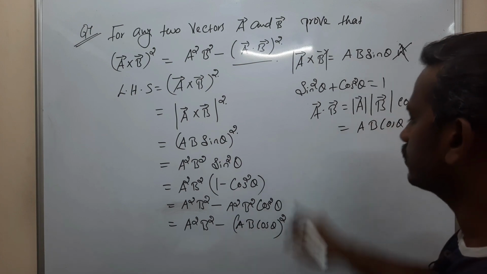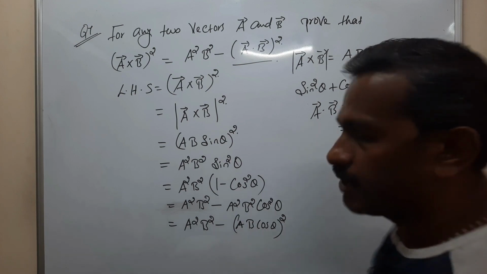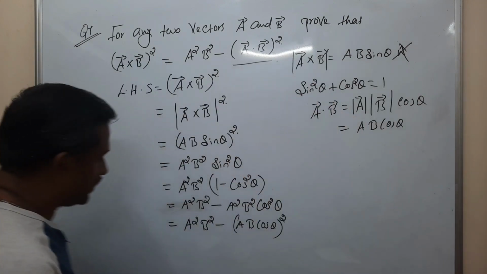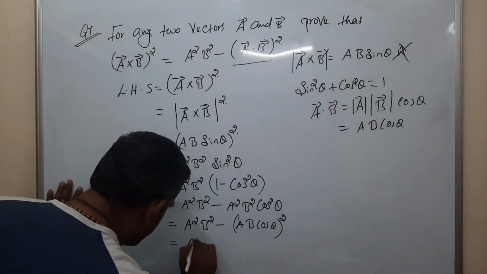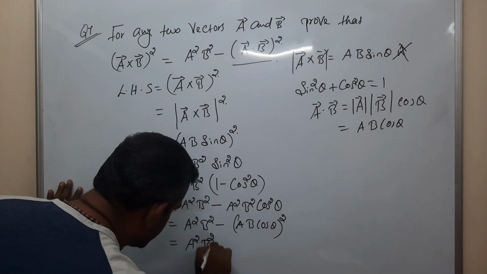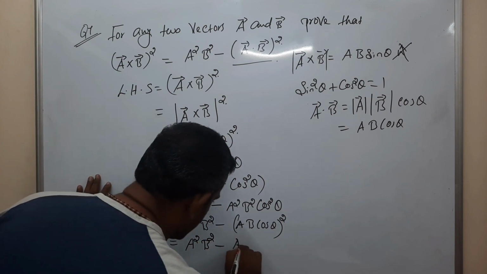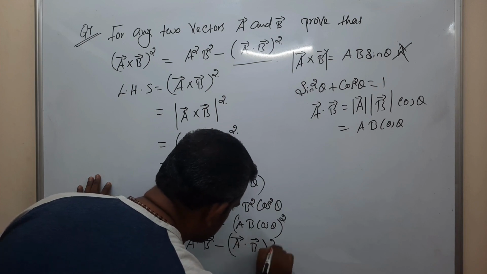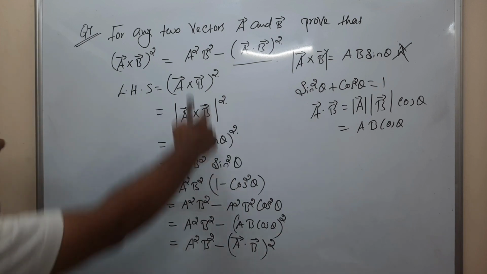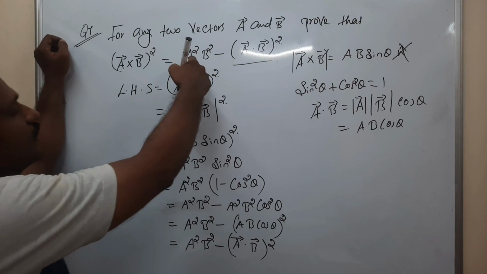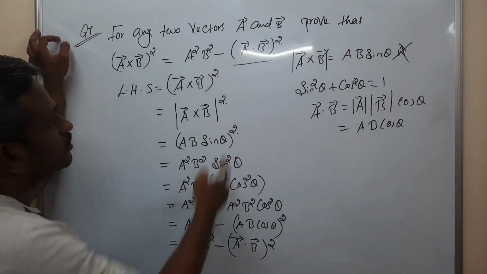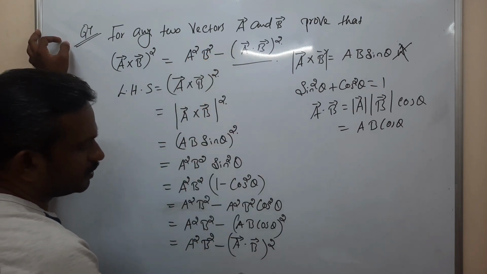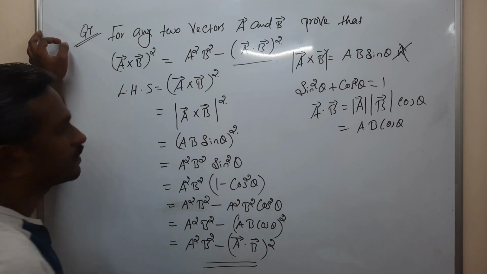AB cos theta is nothing but A vector dot B vector. So that is equal to A square B square minus A vector dot B vector the whole square. This is what we have to prove, that is A square B square minus (A vector dot B vector) the whole square. Hence the proof.